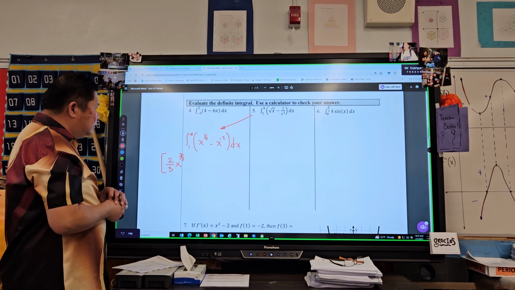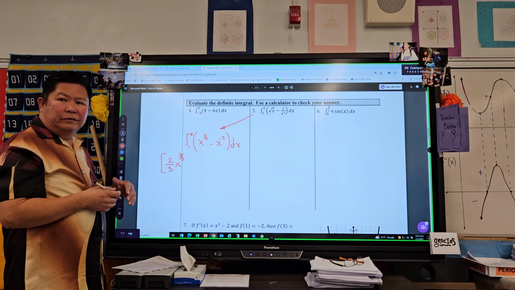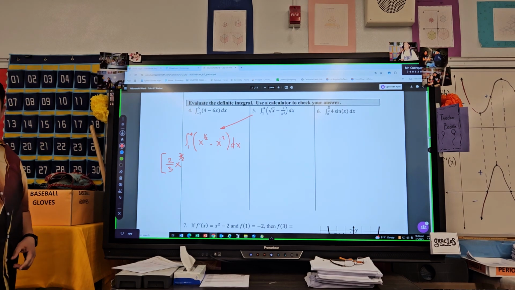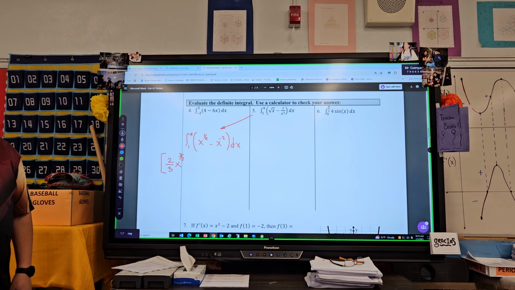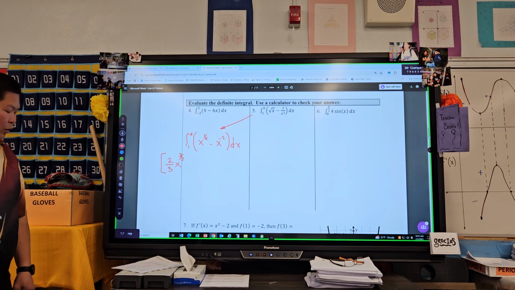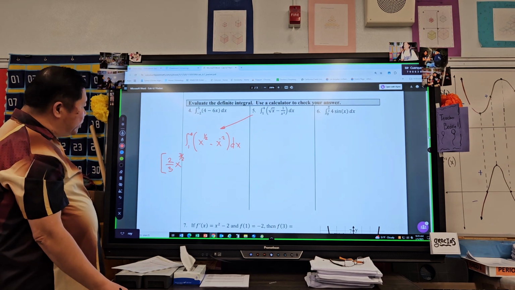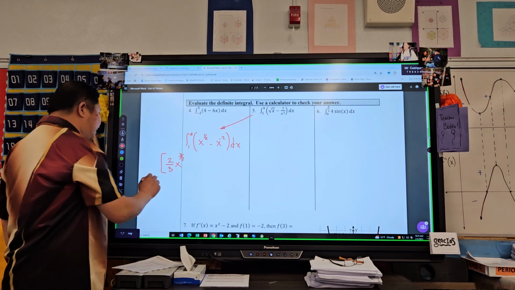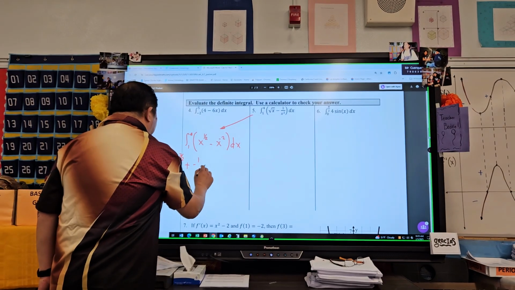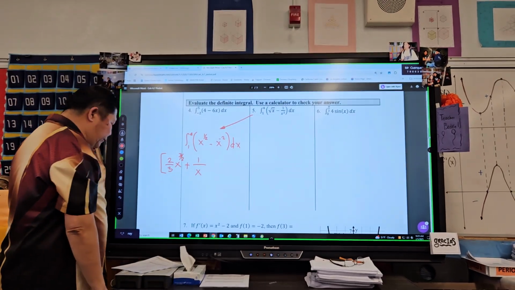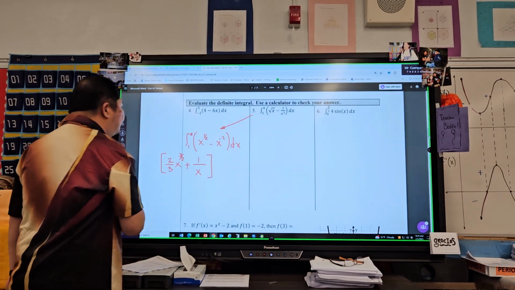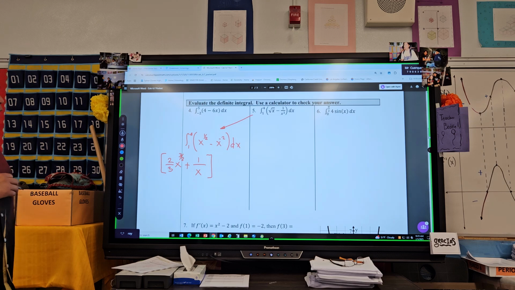Minus 1 over negative 1, x to the power of negative 1. Minus or plus? Plus. Very good, negatives cancel. So plus 1 over x, right?